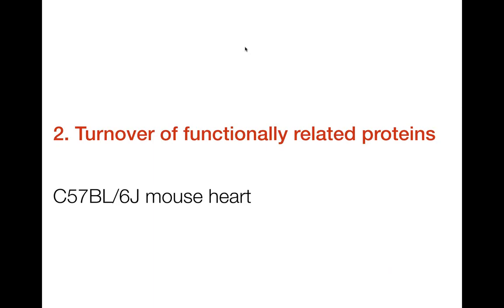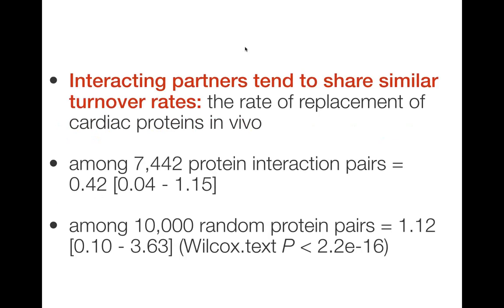So a second sort of analysis we did was whether there was a relationship in the turnover rates of functionally related proteins. It's well known that interacting partners, or protein-protein interaction pairs, tend to have similar abundance inside the cell. And we wanted to know whether they also had similar turnover rates.